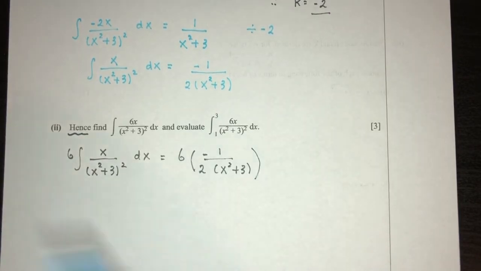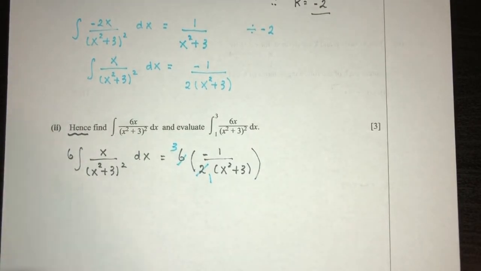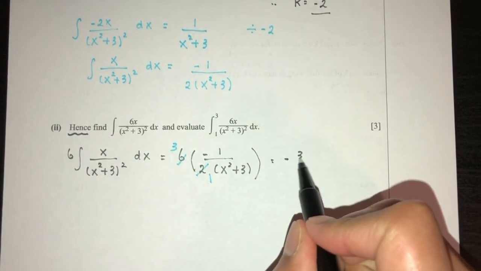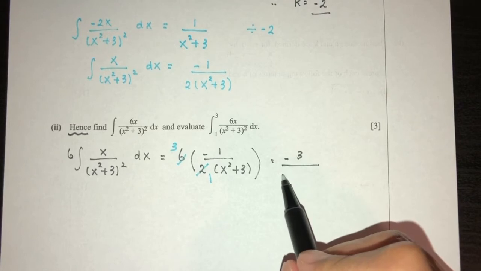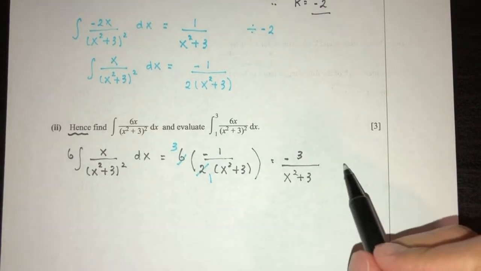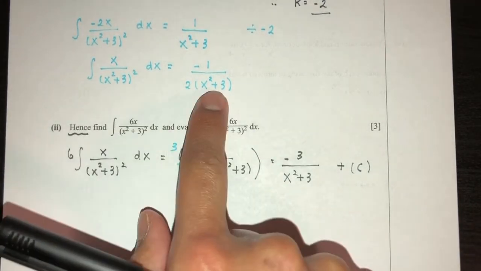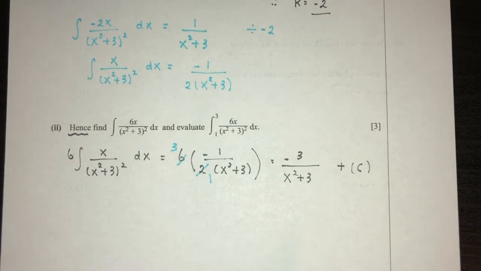That will be simplified to 1, 3. So you will have minus 3 over x squared plus 3 as your answer. Now you can write c if you want to, it is up to you, but you don't need it in this case because we know the exact value already.